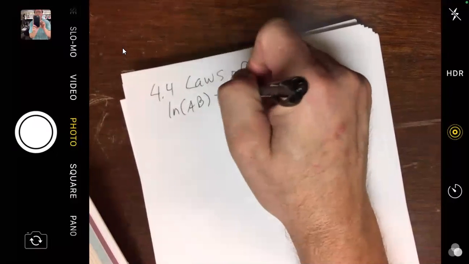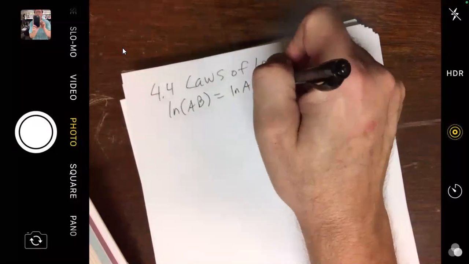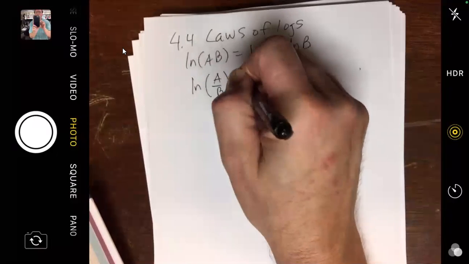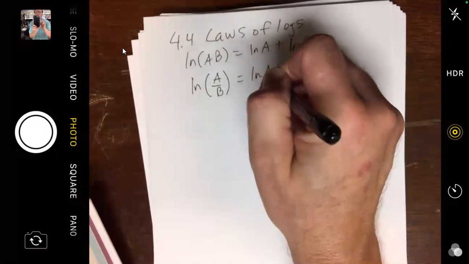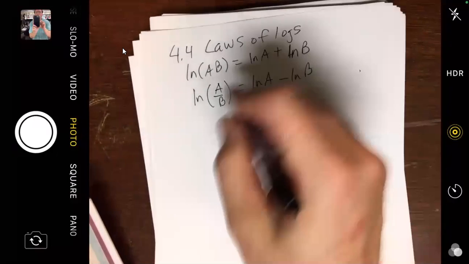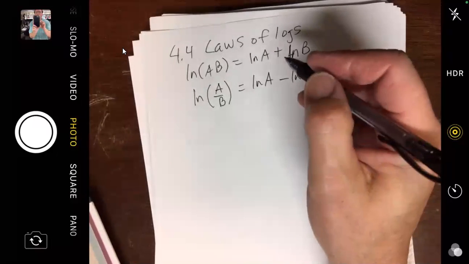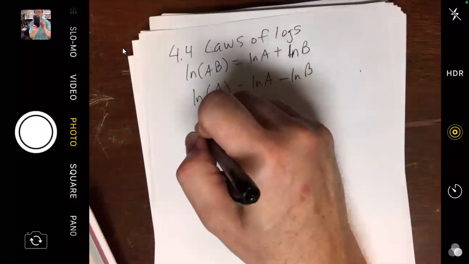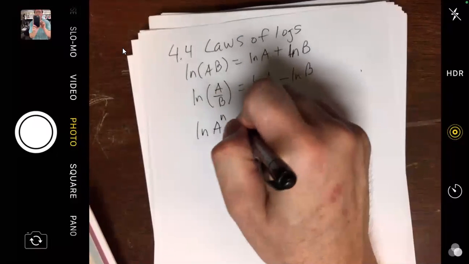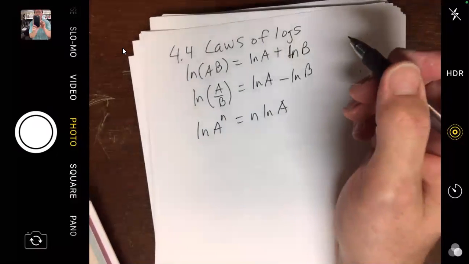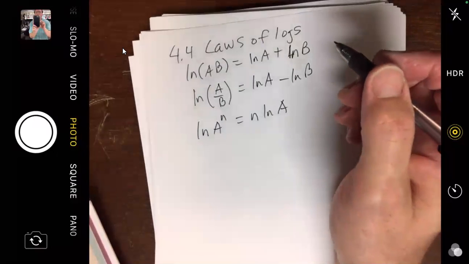It busts up as an ln of A, add an ln of B. Divide them, and it will subtract them. And we punched in some numbers last time to try to verify this. So watch Monday's video if you're dying to see why this works. And if you have an a to a power and ln of a. So they want you to use all of these.